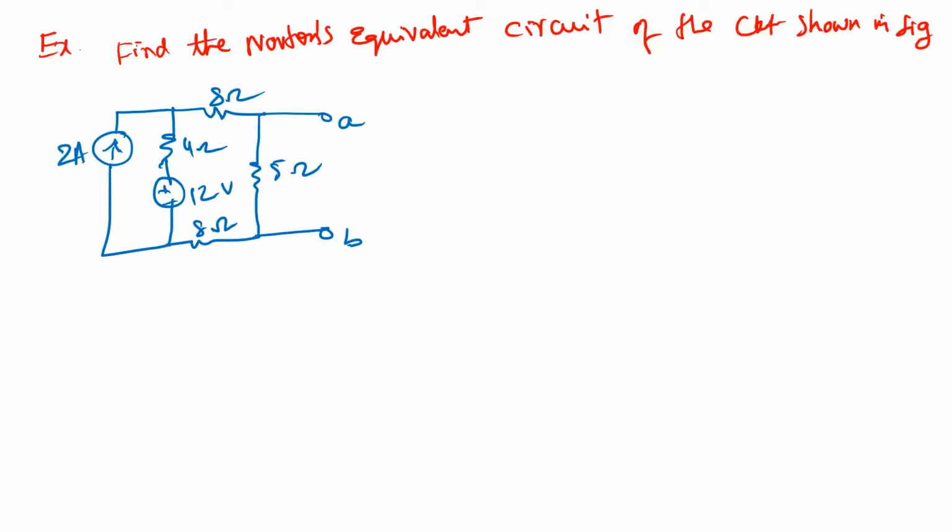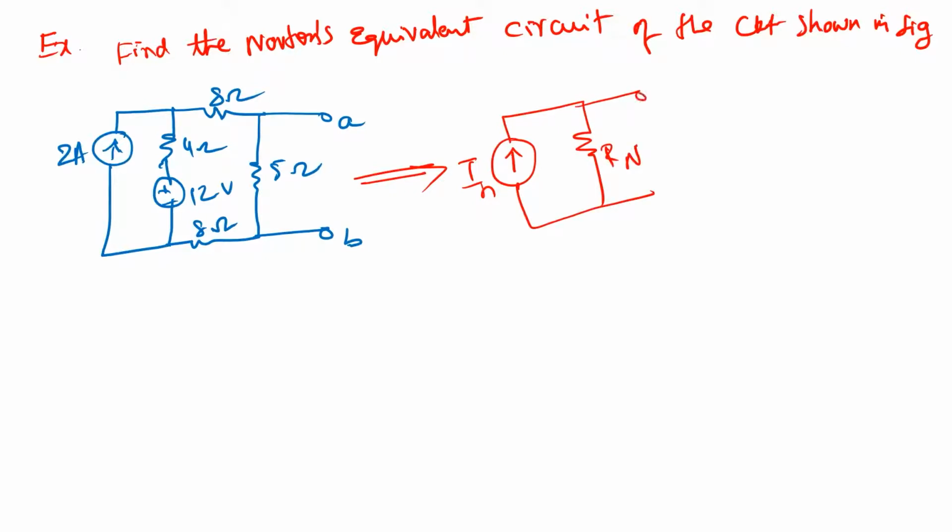So this is a complex two-terminal network. What we're going to do is simply replace this network, as the statement says, with a current source IN in parallel with RN, across A and B. So you have to find IN and RN.